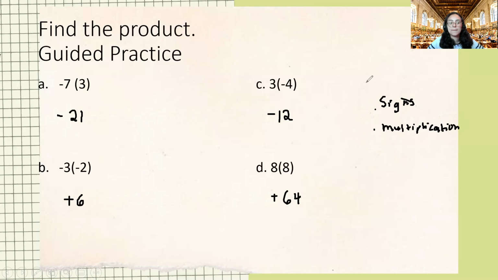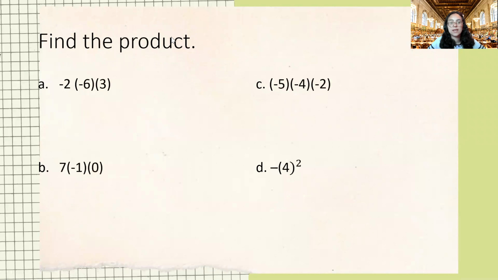Definitely, if you're confused, I would encourage you to try to find where exactly your confusion is. Either it can lay in the signs, or maybe you're just having a hard time multiplying. But either way, we can help you get to where you need to be so that you can follow along, okay?